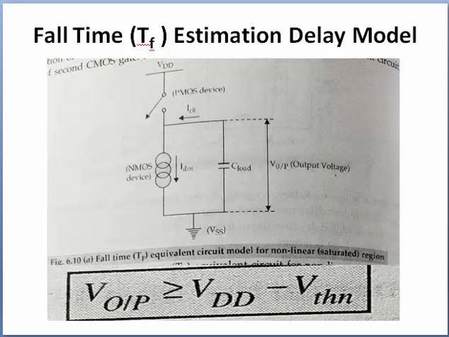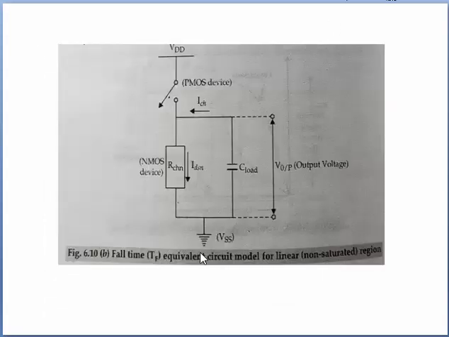So the fall time for the saturated or non-linear region is the region in which the output voltage is falling down by discharging the capacitive load. So the output becomes 0 from the discharging of this capacitor, that is C load. That is the fall time equivalent circuit for the linear region, that is the non-saturated region.